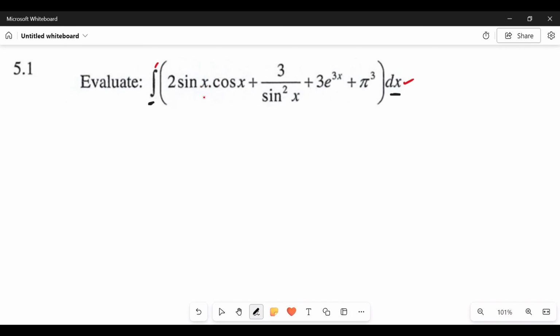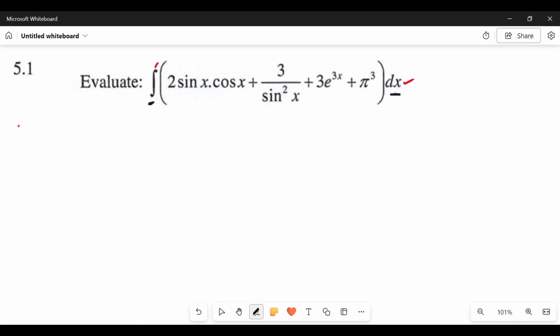We need to simplify it because this here is an identity. The second term as well, we cannot integrate it because we have the trigonometric ratio on the denominator. So we need to simplify it. As for the third term and the fourth term, they are all fine. So before we integrate, let's simplify the first and the second term.